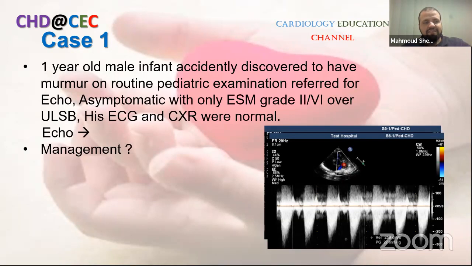So sometimes these gradients are misleading as a degree of stenosis, and you need a follow-up shortly after the neonatal period, at 2 to 3 months, and then every 6 months till the age of infancy.